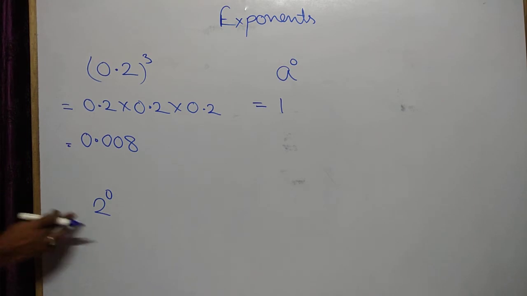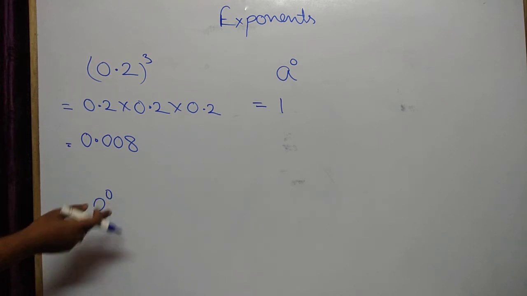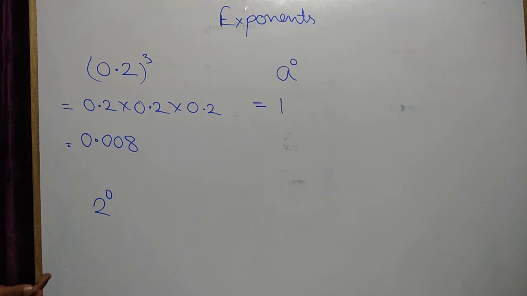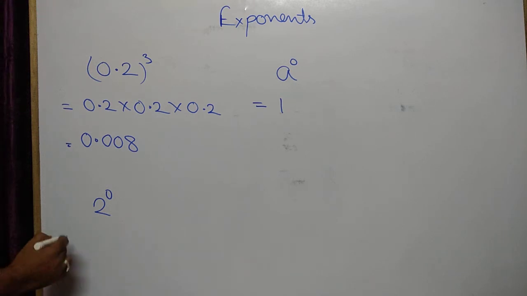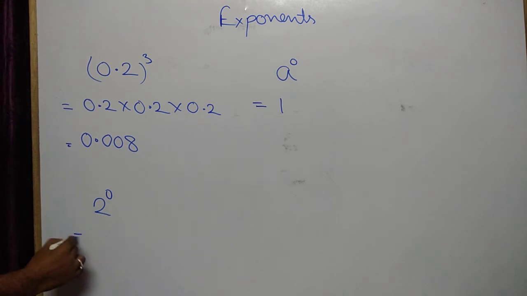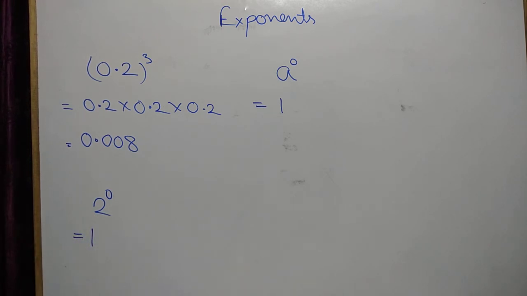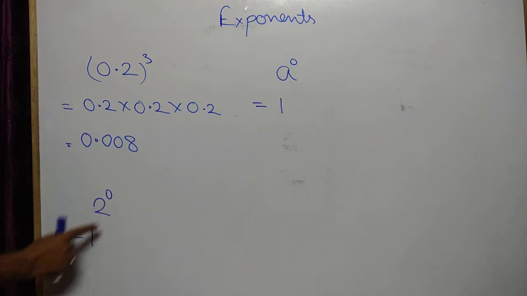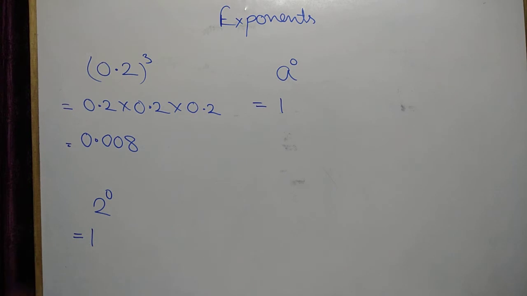It means 2 is multiplied 0 times. It's not 2 into 0. It is 1. The answer is 1. Do not get confused: if something to the power 0 is given, it doesn't mean 0. It means 1. It is known as the zero exponent.